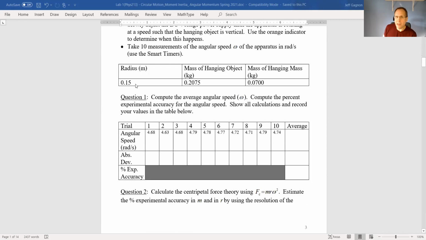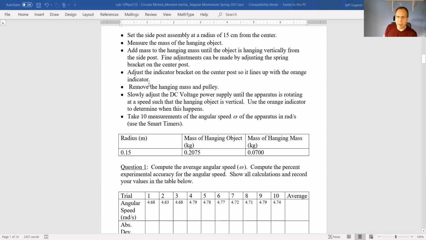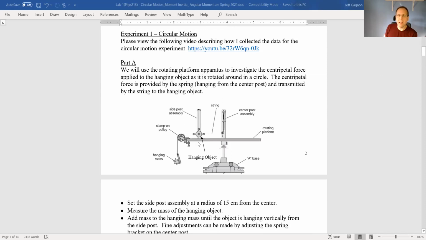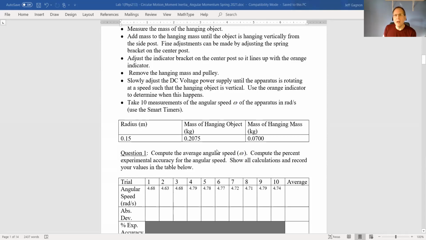Okay, here's some information. The radius is 0.15 meters. So this post right here is 0.15 meters away from the center, or when the hanging object is hanging vertically, its center is exactly 0.15 meters away from the center. So that's the radius as it rotates around. I give you the mass of the hanging object.